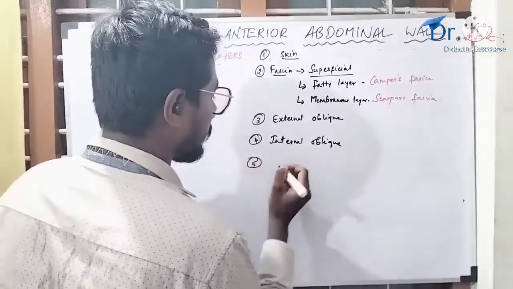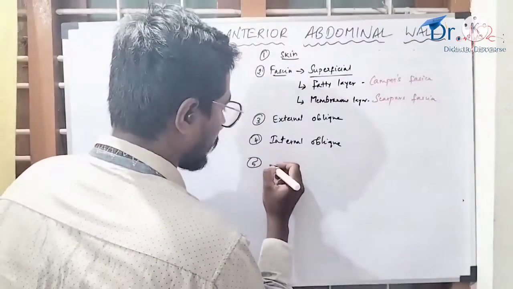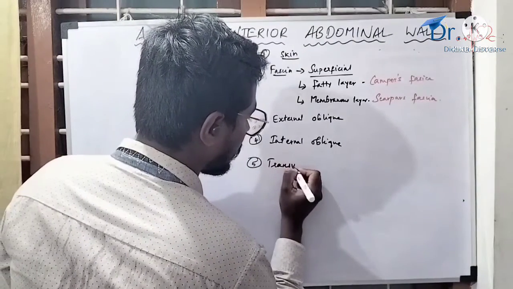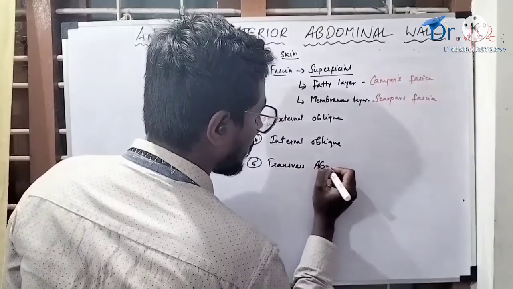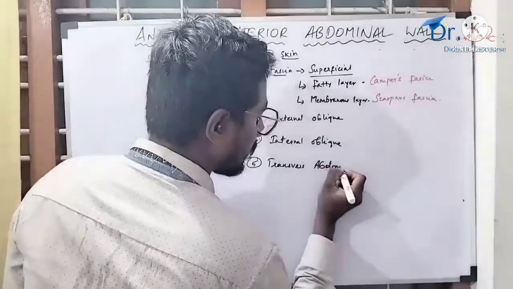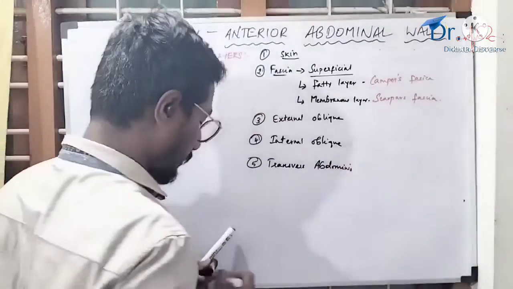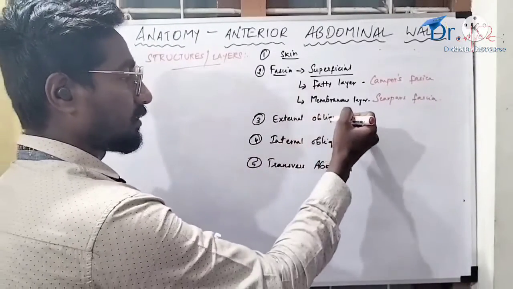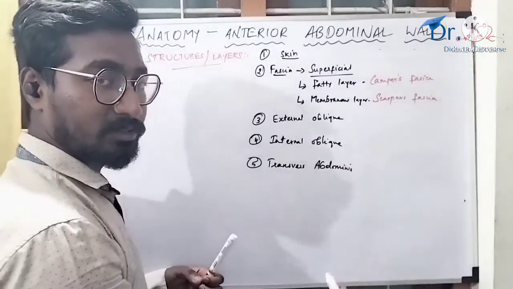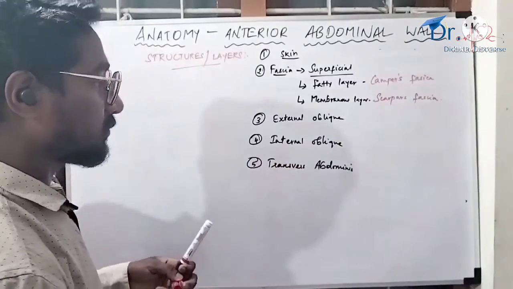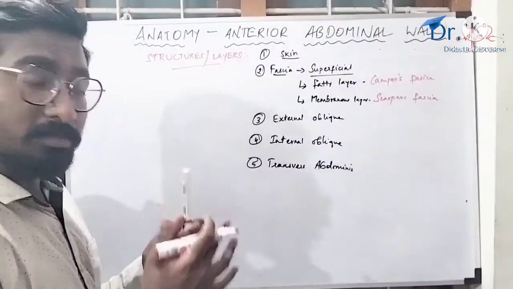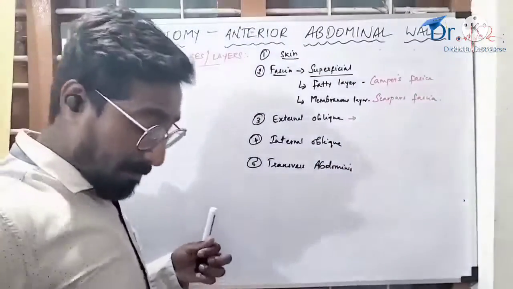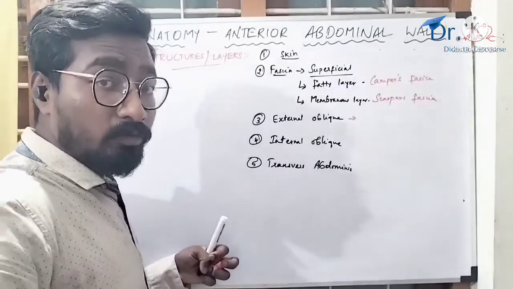You have the transverse abdominis muscle, right? So you have three muscles: the external oblique, internal oblique, as well as transverse abdominis. The peculiarity about these muscles is that the external oblique muscle runs medially downwards.